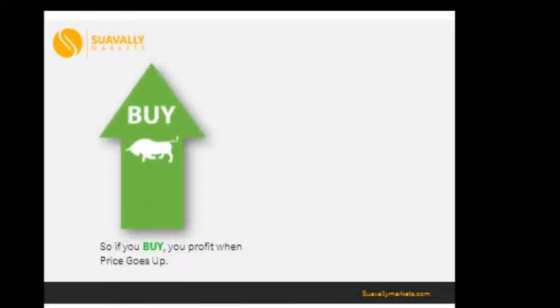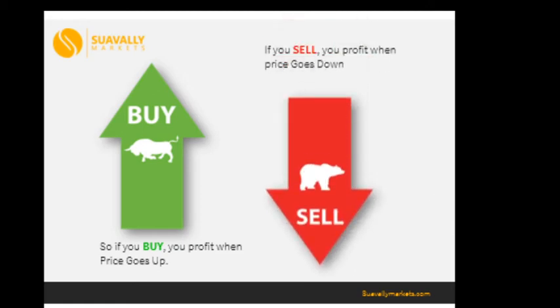So let's look at this. If you buy, you will profit when the price goes up. That's what it means. However, if you sell, you will profit when the price goes down. The meaning of that is, if you buy, as an example, Euro USD at a price of, say, 1.1, and the price goes to 1.200, you would have made a profit because the Euro USD, as an entity, as a price, is rising.